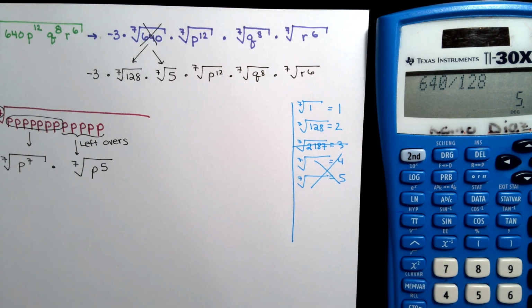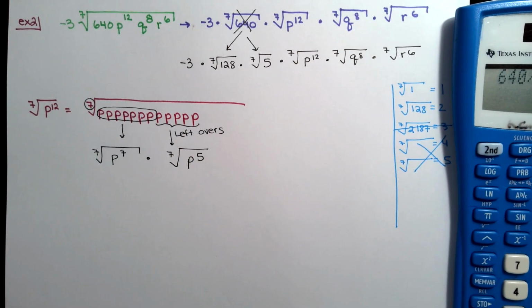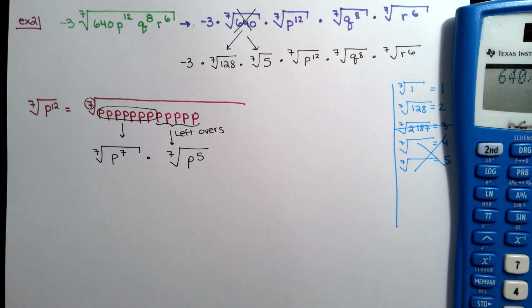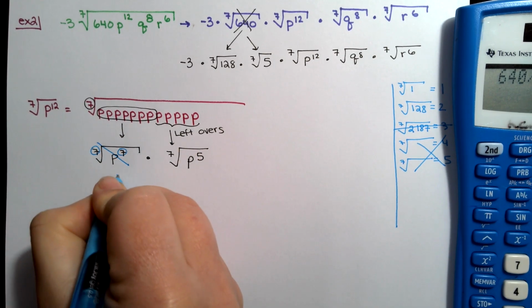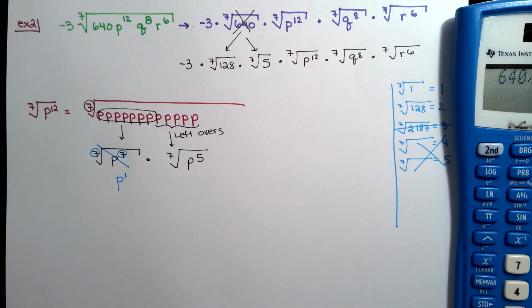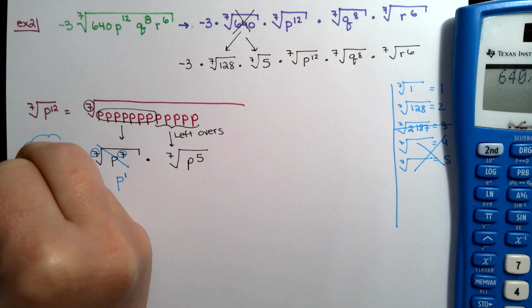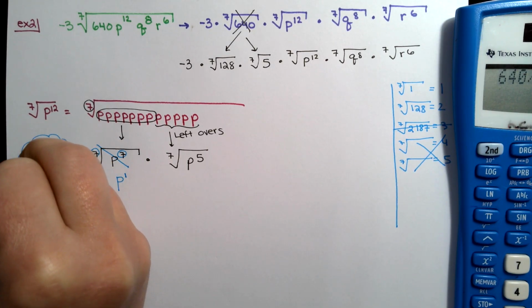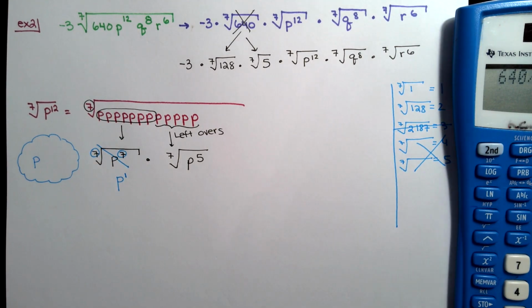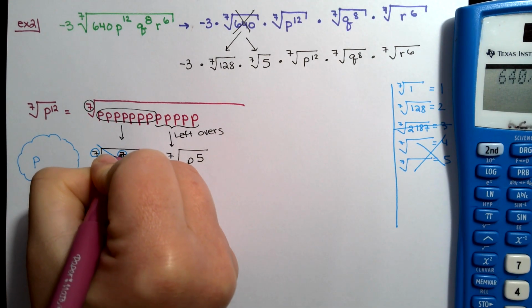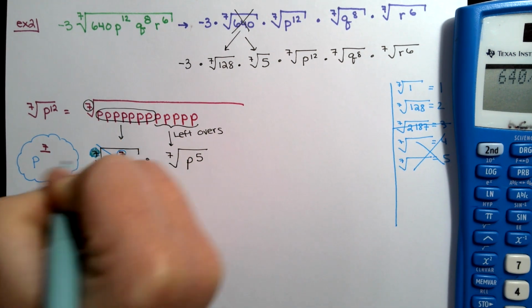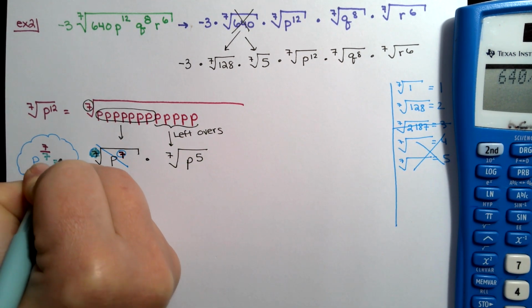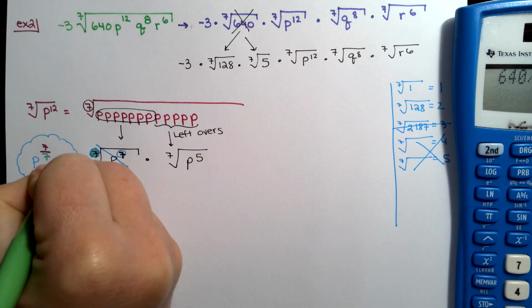So if your index and your exponent match, this is p. A reason for that is if we were converting the radicals into rational exponents, this is my exponent of 7 and this is my index of 7. 7 divided by 7, we just get p to the 1st power.